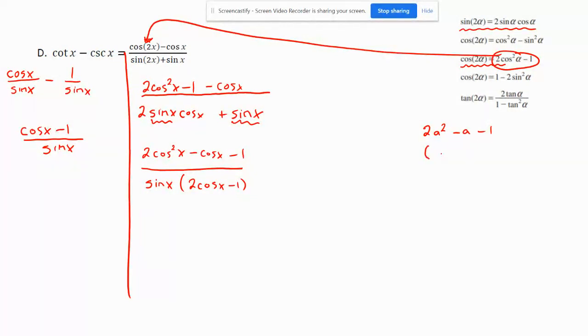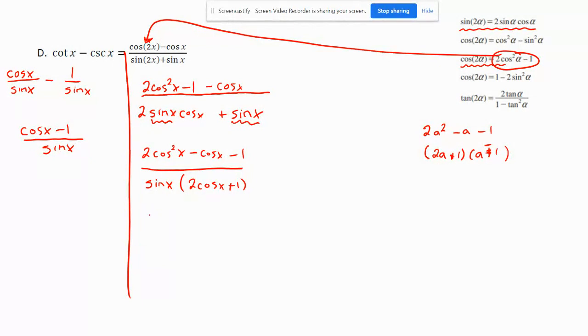So if I have to factor this, it goes 2a, and then a. No, I messed that up. It's a plus there, and that's a minus there, and I also made a mistake. This should have been a plus 1 right over here, not a minus 1. So there we go.